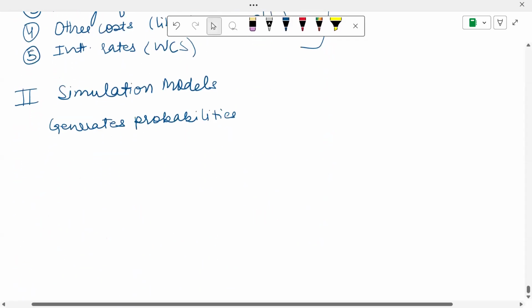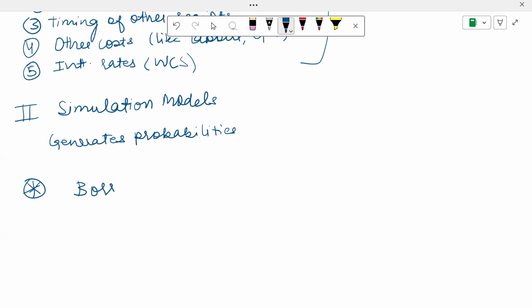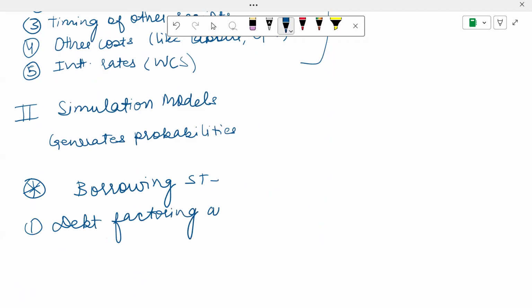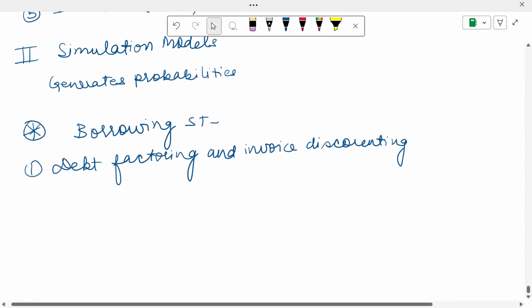All right. Then the next thing that we talk about, let's suppose a business is going to face a short-term deficit. So they are going to have to borrow in the short term. So the number one thing that they can do is they can go for debt factoring and invoice discounting. Again, this is something which we have covered previously, that businesses can factor their debt, they can sell their debt to some other party, and the other party will give them the money now and they will collect it from the people later.